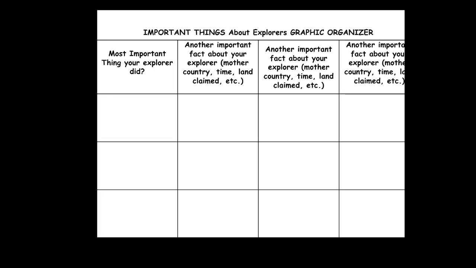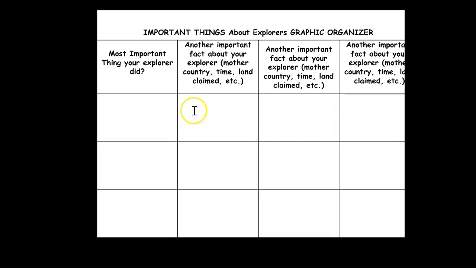The most important. And then add some other things. I put a few ideas up here, like who are they exploring for? Their mother country. When were they exploring? Where did they go? What was important about where they went? And then if there's anything that we remember about them as a result of their exploring. So you want 4 other facts about your explorer.